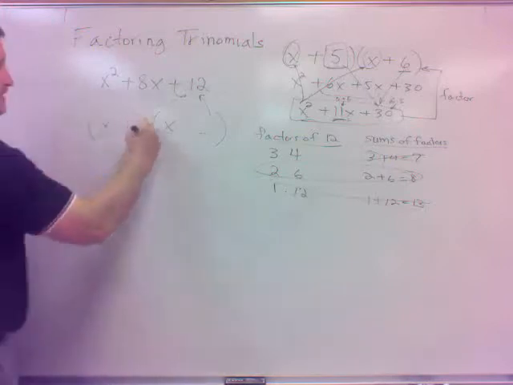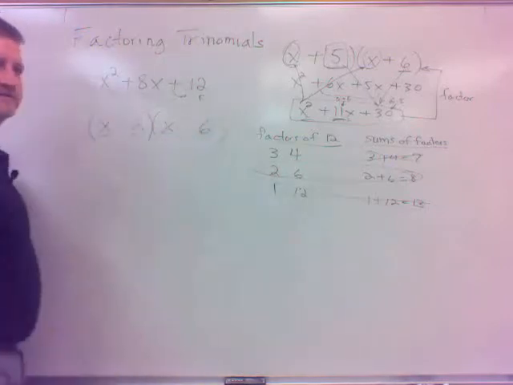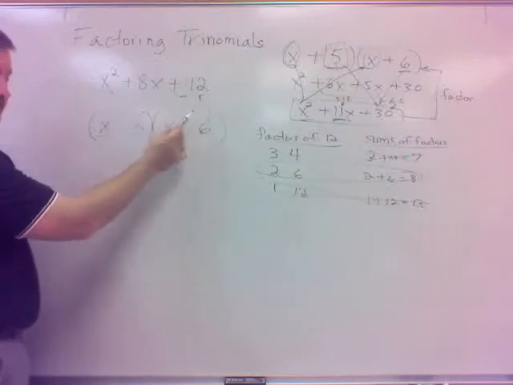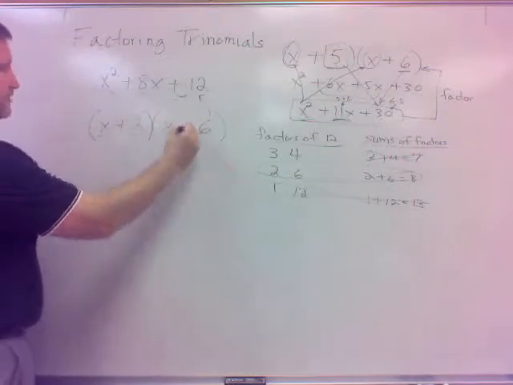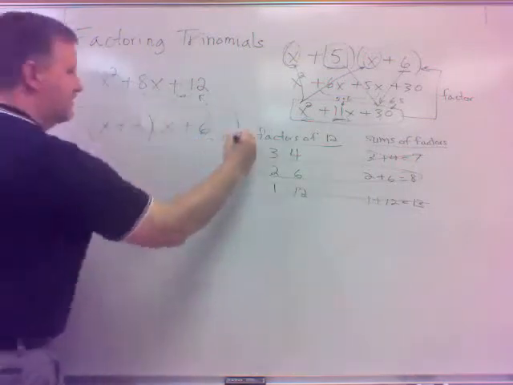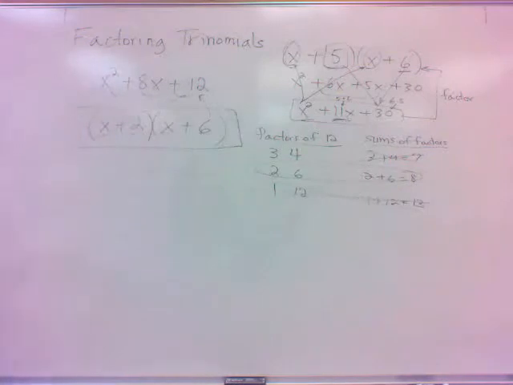So I need the 2 here, 6 here, one possibility. Now it is necessary to have a sign, but since everything's positive, there's no catch there. Those are positive as well. We have successfully factored our trinomial into 2 binomials.